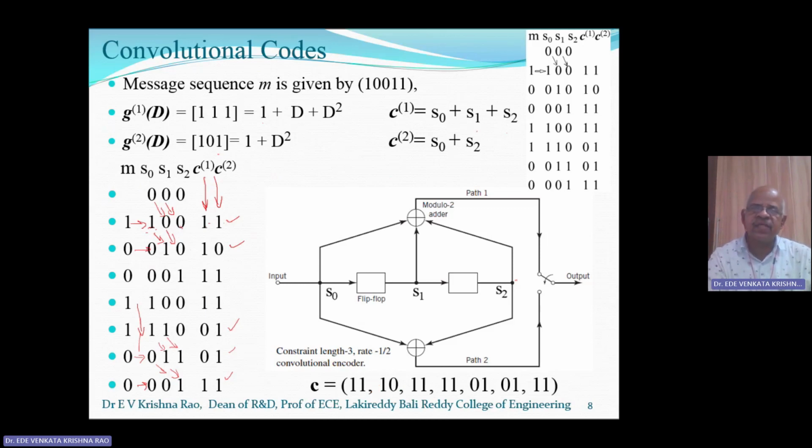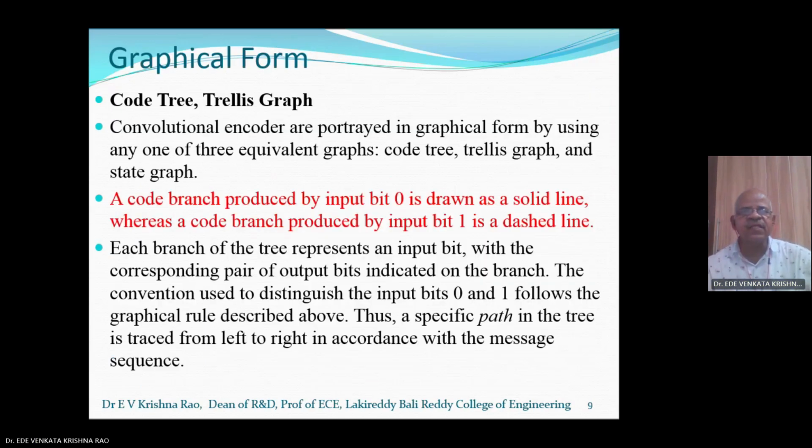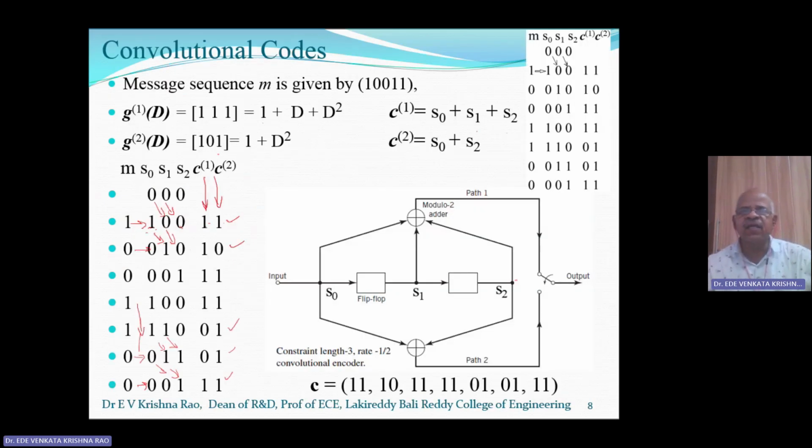Okay, this can be represented in a code tree or trellis diagram. In this case, if the first bit is 1, the output is 1 1. If the first bit is 0, the output is 0 0. If the second bit is 0 when the first bit is 1, the first code output is 1 1 and the second code output is 1 0. First bit 1 and second bit also 1, then you have to generate the code output accordingly.